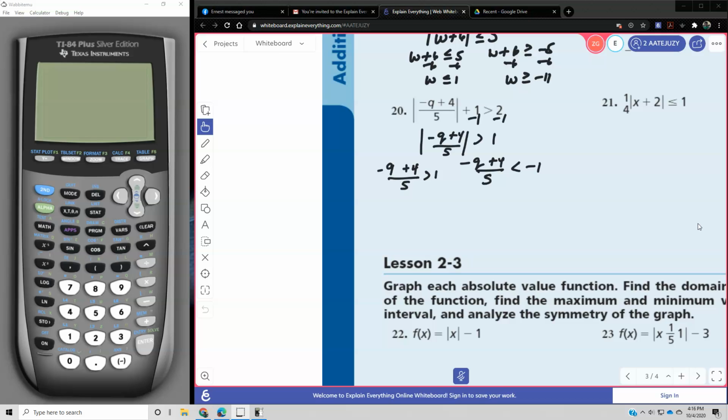So remember, you want to have the absolute value by itself. And that's what we have. We have the absolute value is greater than 1. So now what we're going to do is multiply both sides by 5. And these two are going to be 1. So you have negative q plus 4 greater than 5. Subtract 4 from both sides. So you have negative q is greater than 1. Divide by negative 1, and that changes the inequality. So q is less than negative 1.